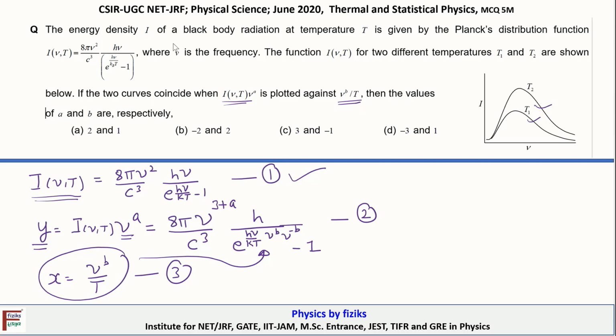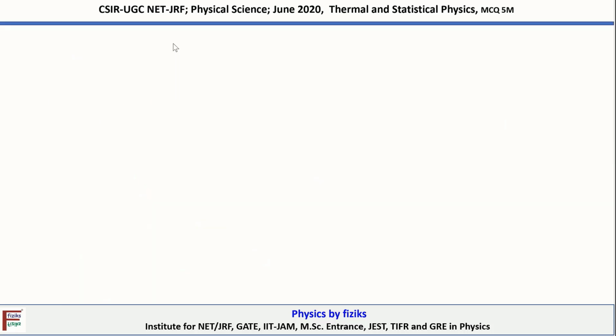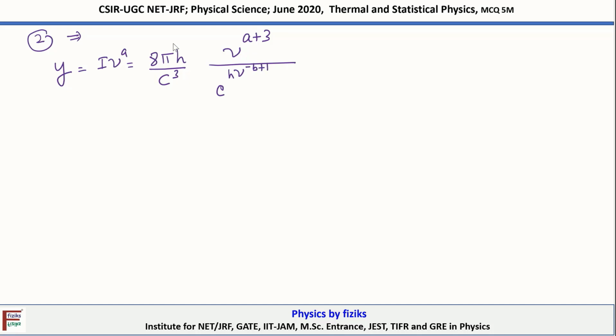Then expression 2 reduces to y = I ν^a = 8πh/c³ times ν^(a+3), divided by e^(hν^(1−b)/(k_B x)) minus 1, since we have replaced ν^b/T with x. We call this equation 4.